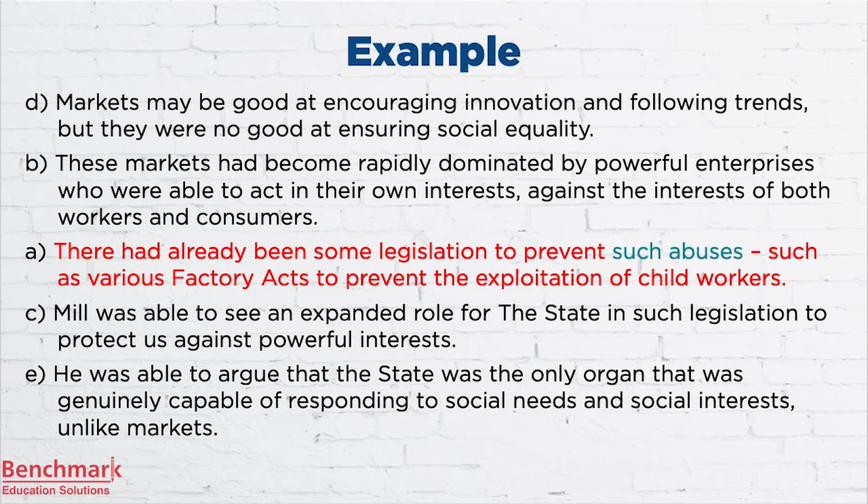These are referenced in the second sentence where you see the phrase, against the interests of both workers and consumers, and act in their own interest. So these abuses are examples of what is referred to in the second sentence. In short, it mentions the government's response to the references made in the second sentence.